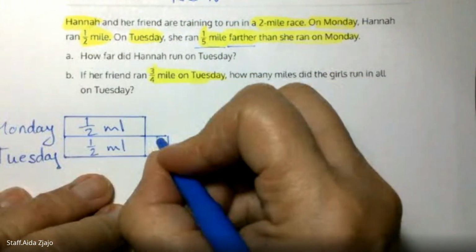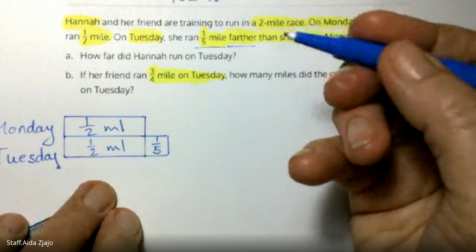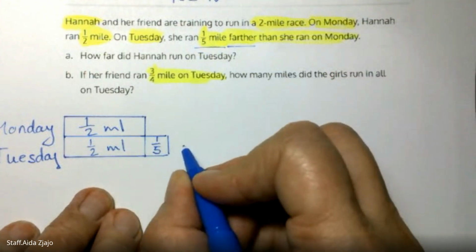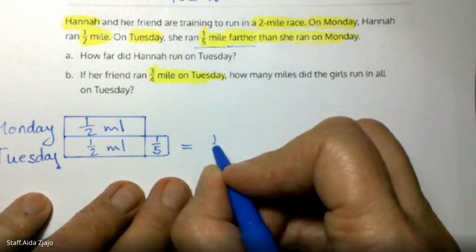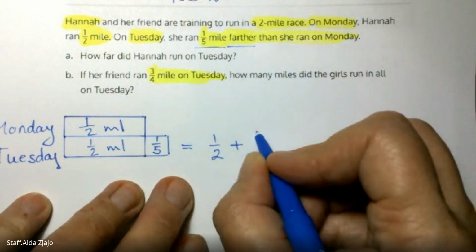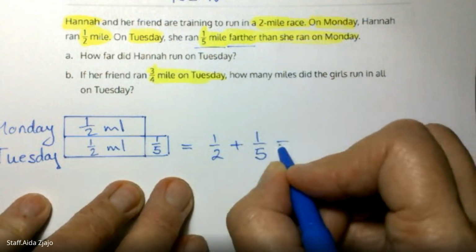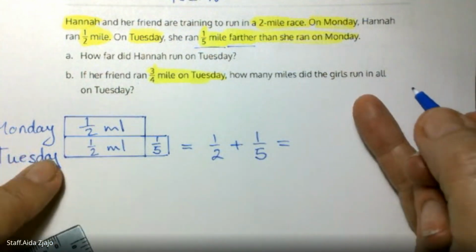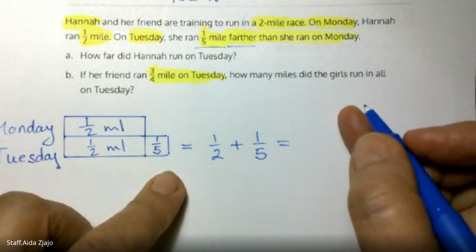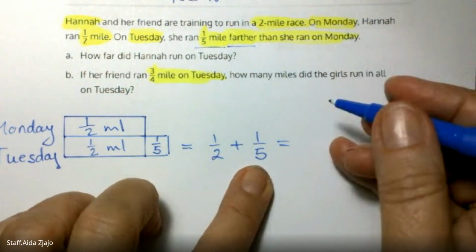So 1/5 further, how we can find Tuesday is 1/2 plus 1/5. On Monday she did half, but on Tuesday she did 1/2 plus 1/5.